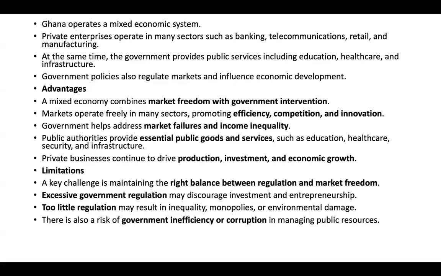At the same time, the government provides public services like education, healthcare, and infrastructure. So the government policies regulate the market from market failure. Then its activities also influence what? Economic development. So the private sector and the government perform roles alongside the private enterprises.